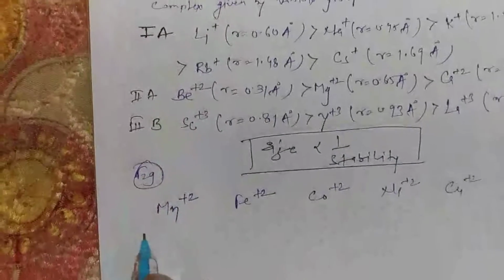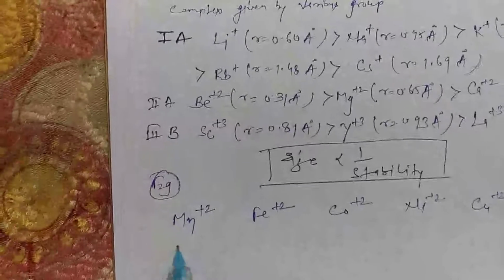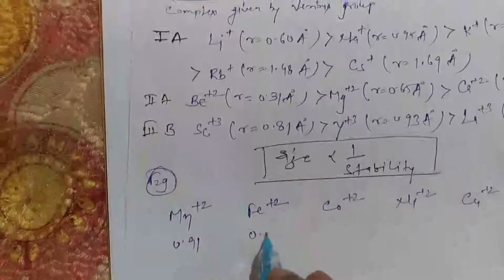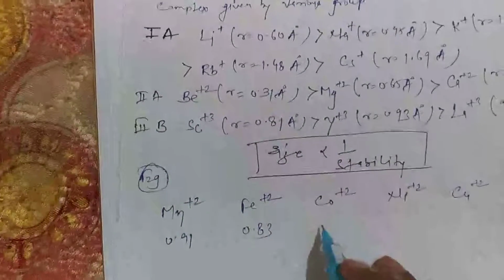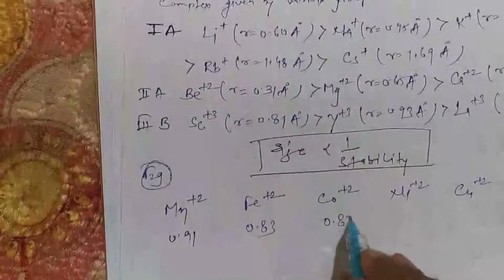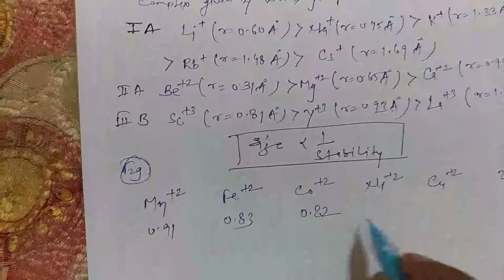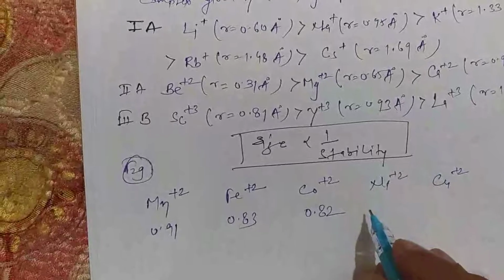I am writing the values of ionic radii here: 0.91, 0.83, 0.82. The d block contraction is happening here, that is why the size decreases.